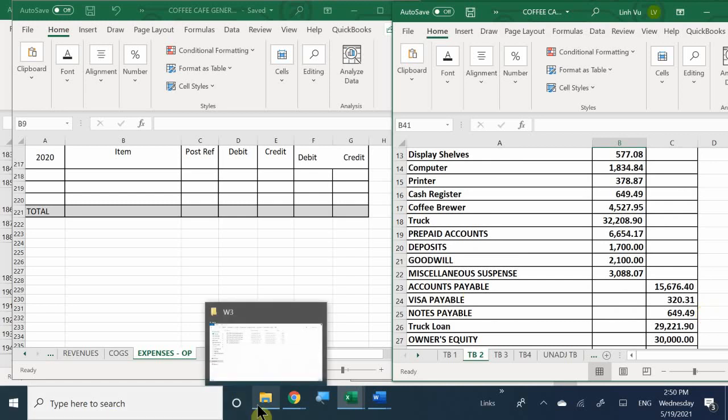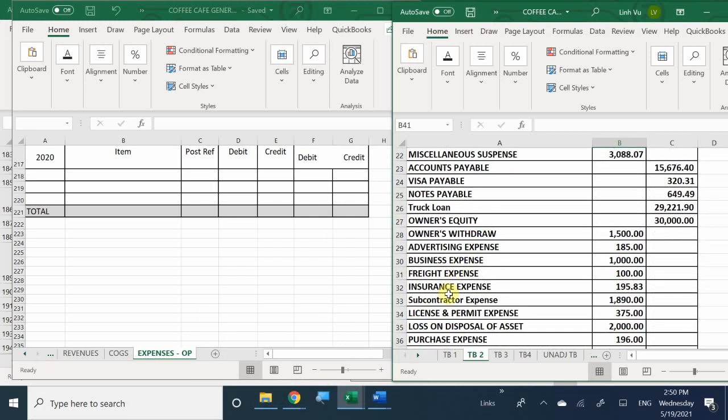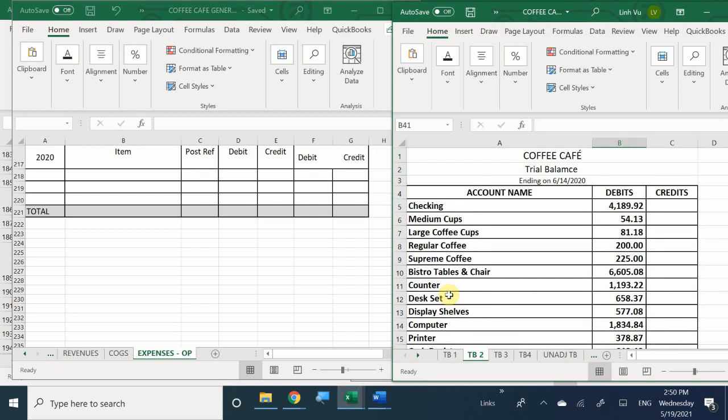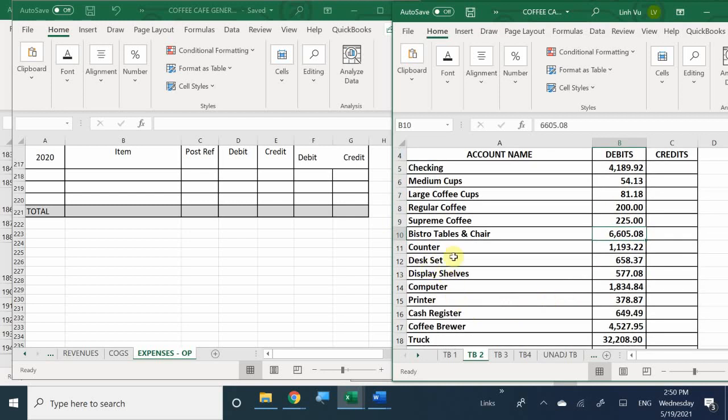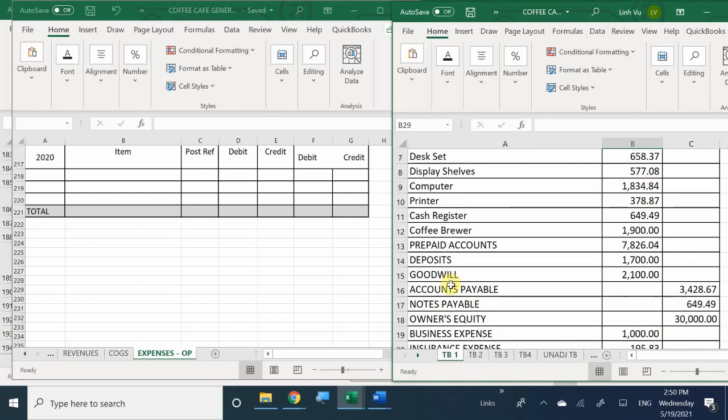A few notes here before we go on break. Notice that when I did my second trial balance, I had some recurring accounts that never changed in value, such as my computer, my printer, my cash register. If you compare to the first trial balance, those values all stayed the same.